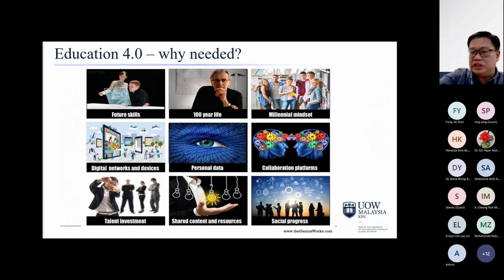Certain basic things which I like to show, especially the 100-year life. For us Malaysians, not yet. Now it is 76, if I'm not wrong. But during our independence, don't quote me, I believe it was like 57 or 58, just below 60. And then yearly, it slowly went up. Why?